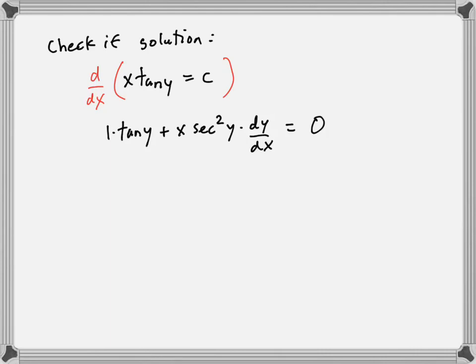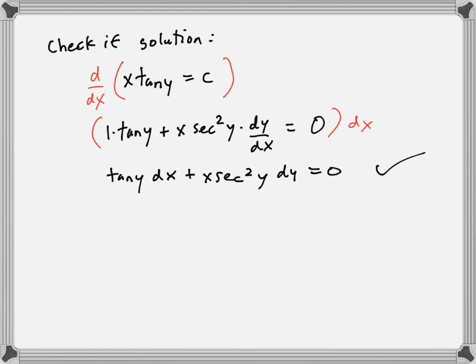Okay, so this is what I get. And if I want to write this in the other form, I can just multiply both sides by dx here. The form becomes tan y dx plus x secant squared y dy is equal to 0.